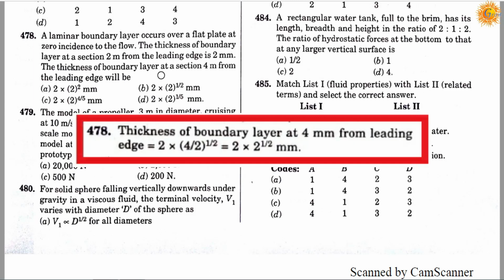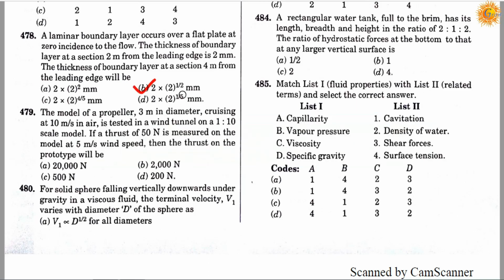The thickness of the boundary layer at a section 4 meter from the leading edge will be: option A, 2 into 2 square mm; option B, 2 into 2 power half mm; option C, 2 into 2 power 4 upon 5 mm; and option D, 2 into 2 power 1 upon 5 mm. So the correct answer is B, it will be 2 into 2 power half mm.